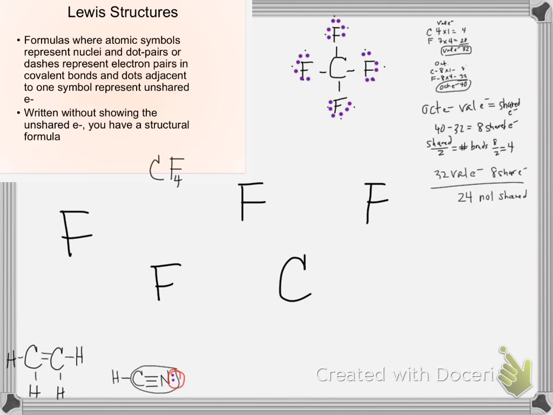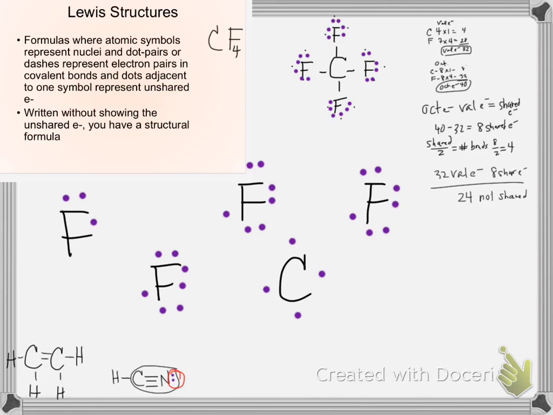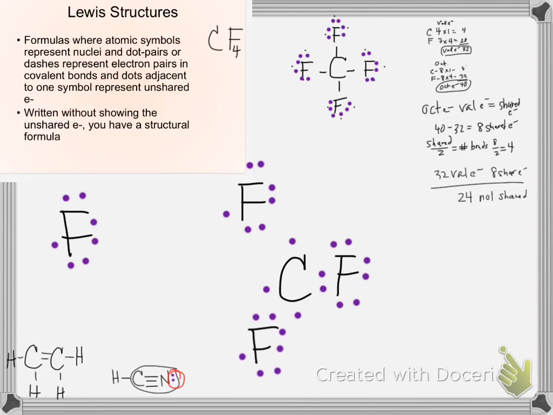Okay, sort of the old style of doing this, the way that I was taught, that never made much sense to me, but I'll show you just for contrast. We start with our elements that are present, 1 carbon, 4 fluorines. I draw an electron dot diagram for each of them, and then I'm going to fit these together. So I can move this over here, and those two can share, and then I can move this over here.